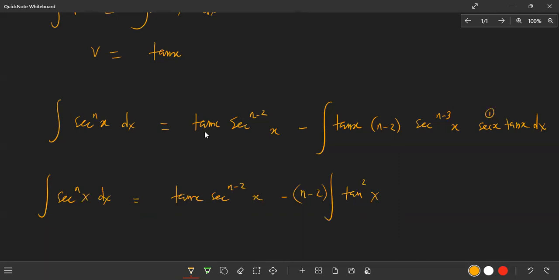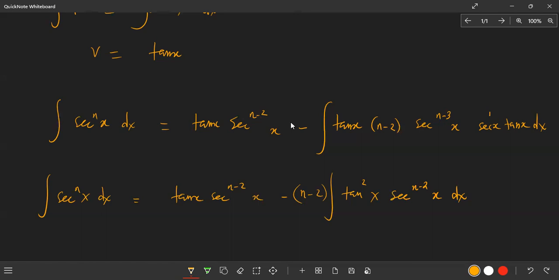Those secs have the same base, so the powers can be added: n minus 3 plus 1. Are you able to notice that? Yes, I'm able to follow. So these two produce sec^(n-2) x dx. This is what you get as a result.